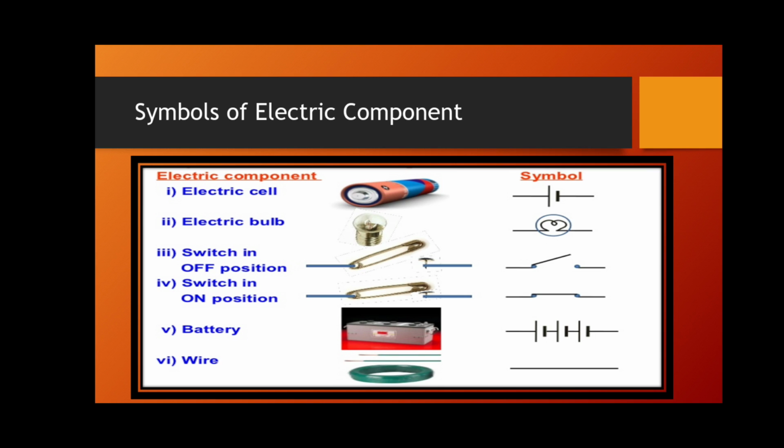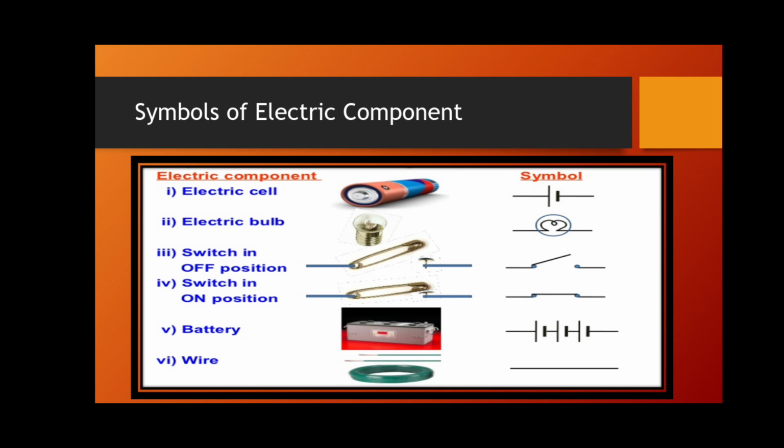Then next is the battery. A battery is a combination of two or more cells, and the cells can be connected in two ways, in series or in parallel. Then the last, but not the least, is the wire.